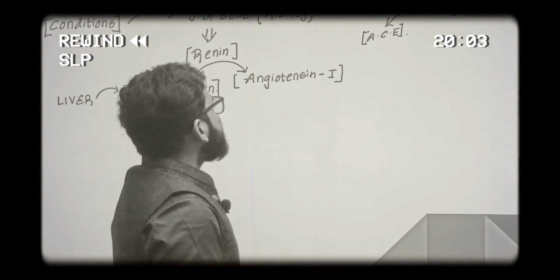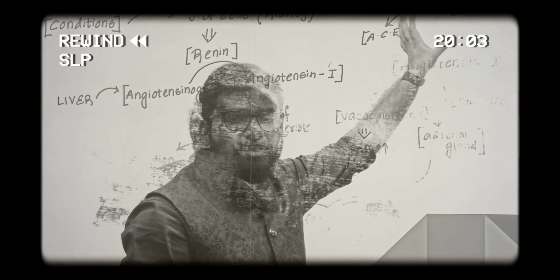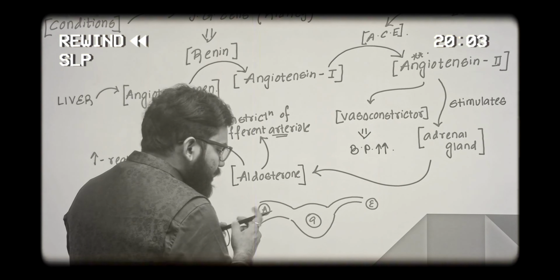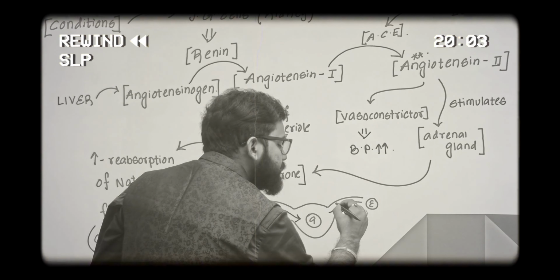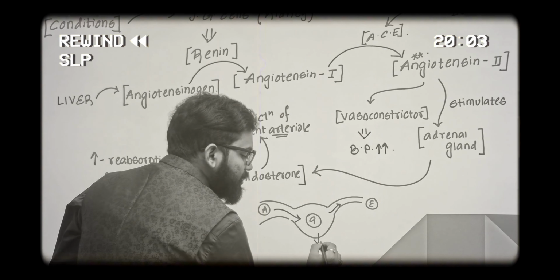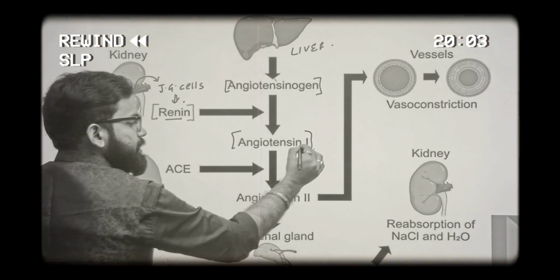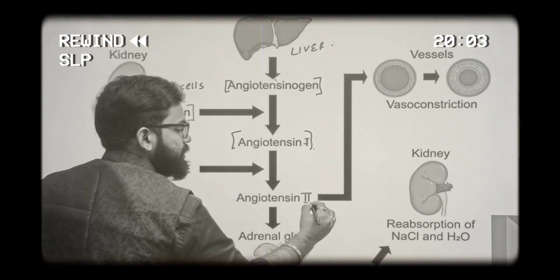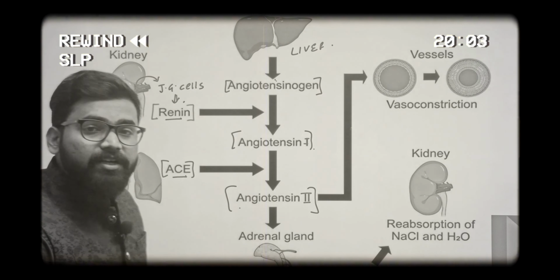What is ACE? ACE abbreviates as angiotensin converting enzyme. Now blood enters through this part, moves through this part, and GFR is developed here. Glomerular filtration pressure is somewhere here. Angiotensin first is converted into angiotensin second by ACE, that is angiotensin converting enzyme.